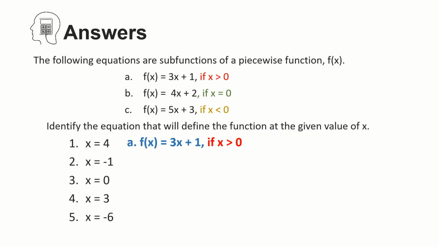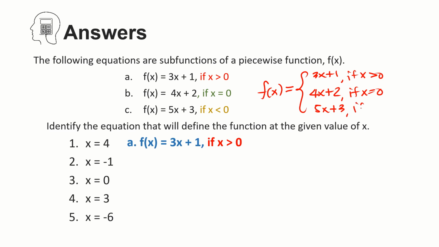So if we go back to our pre-assessment, we have three subfunctions here, and we can rewrite it as f of x is equal to 3x plus 1 if x is greater than 0, 4x plus 2 if x is equal to 0, and then 5x plus 3 if x is less than 0.